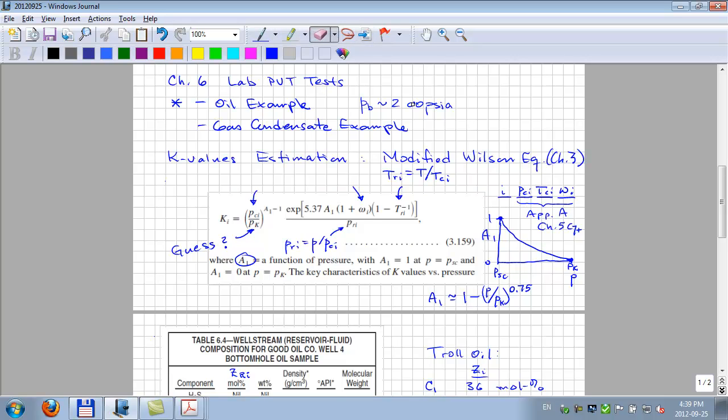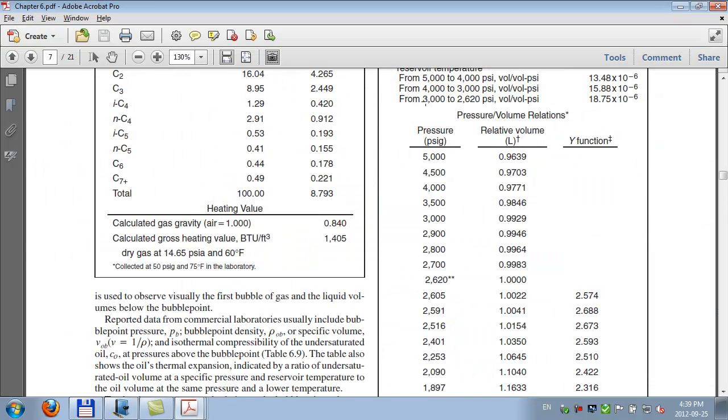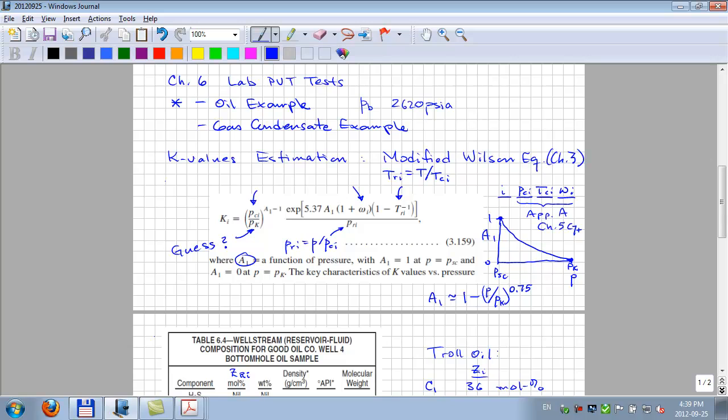In fact, I'll just write it equal to 2620. And you have to be careful because laboratories usually report not in psia, but in psig. Let's just check that. psig. So we'll write psig here. So that's 2635 psia.